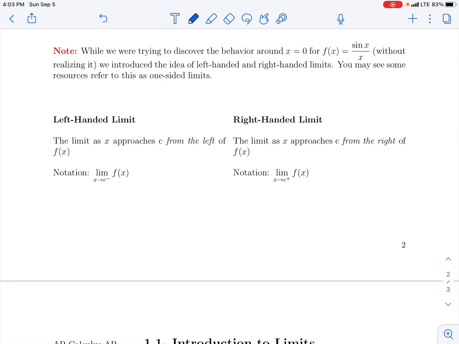Okay, so without you guys realizing it, we did introduce this idea of what's called the left-handed limit and the right-handed limit. Below you can see that I have the left-handed limit, and we say it's the limit as x approaches a number c from the left of f of x. So this is our notation for that.